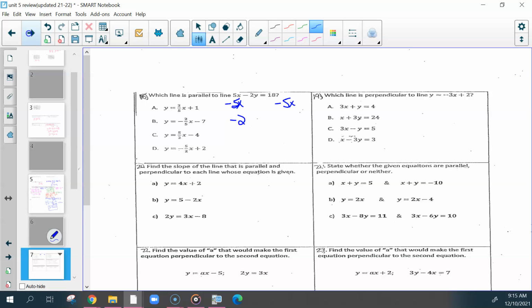So we have negative 2y equals negative 5x plus 18. And divide everything by negative 2. So we get positive 5 over 2 x minus 9. Which of these would be parallel to them? C.